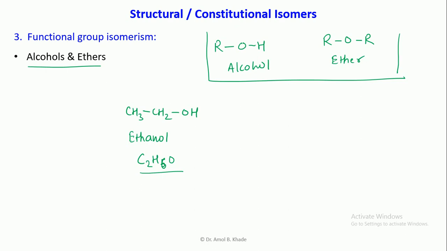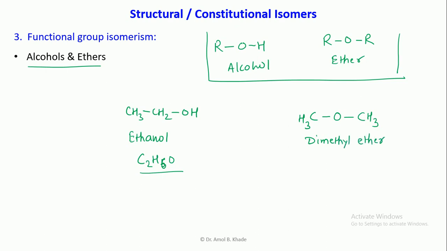Now can you arrange these 2 carbons, 6 hydrogens and 1 oxygen in an ether format? Can you try? So at the center you will have the oxygen, and then how many carbons? 2 carbons. So one carbon I can attach here, another carbon I can attach here, and then 6 hydrogens. Now you can see what it becomes. This is referred to as dimethyl ether.